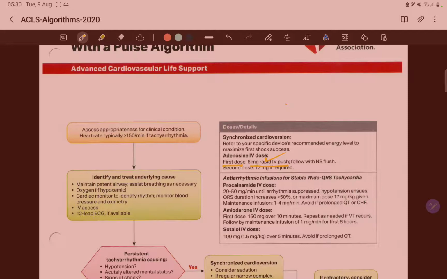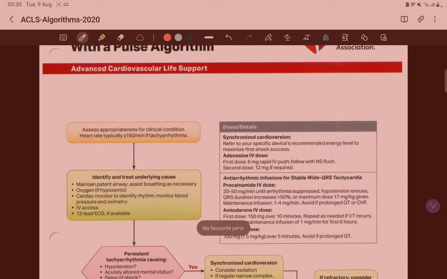So adenosine in the left hand we usually give 6 milligram IV, and we flush it with 20 ml NS flush. Okay, and we raise the hand, so that adenosine goes quickly, and we consider this to be effective. Okay, if this dose of adenosine is not working, we will give double the dose of adenosine.